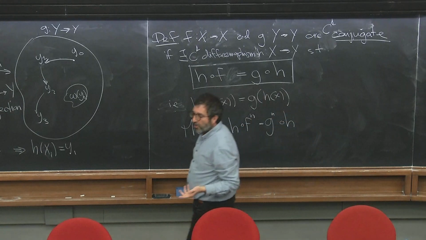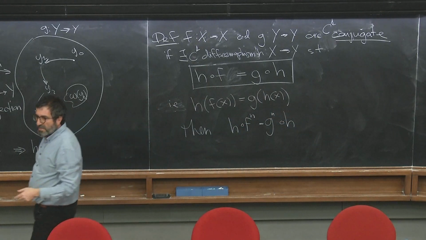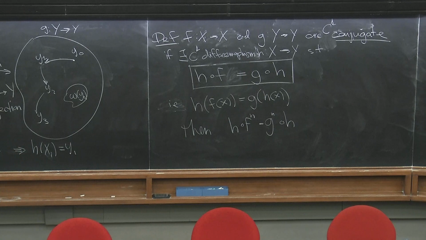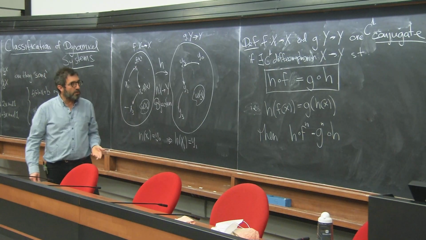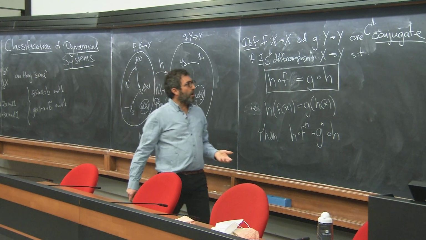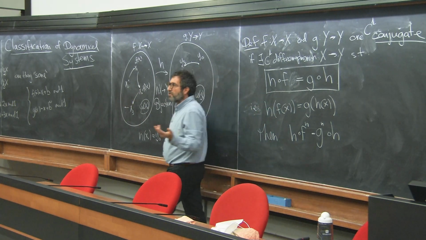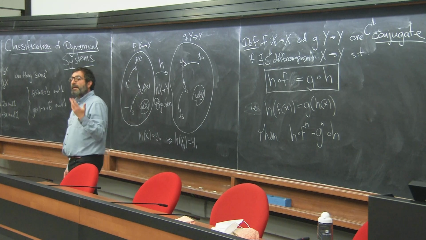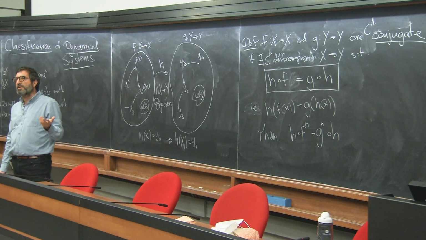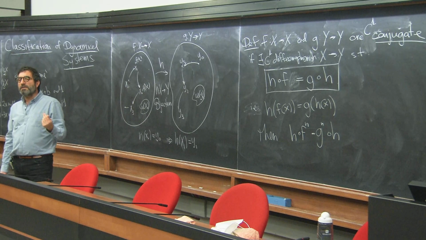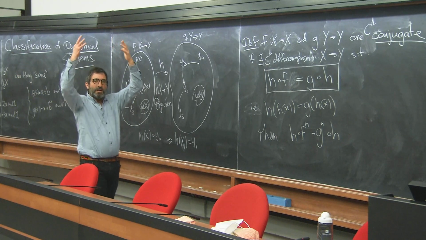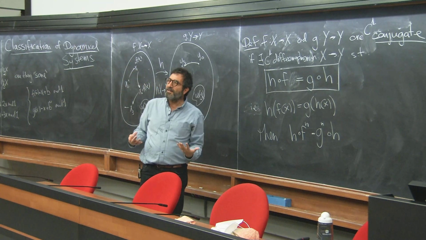Topological conjugacy is sometimes called C0 conjugacy also, because C0 is continuous. Then there is C1 conjugacy, and you can also define C2 conjugacy, C3 conjugacy, analytic, real analytic conjugacy, C infinity conjugacy, and there is also a kind of Lipschitz conjugacy, right?